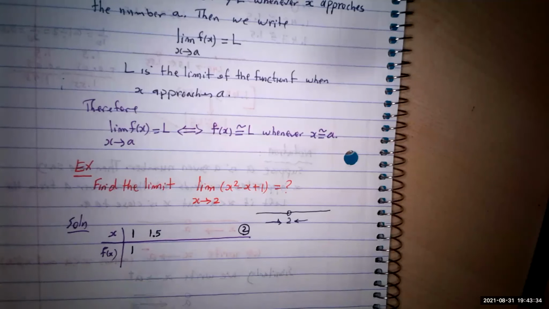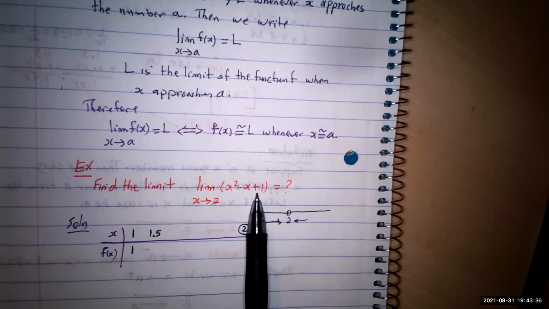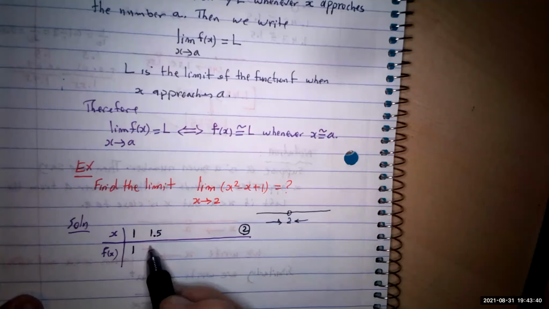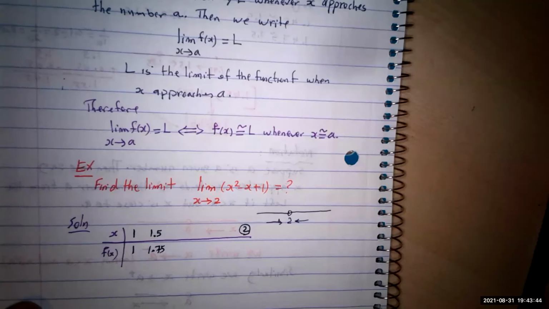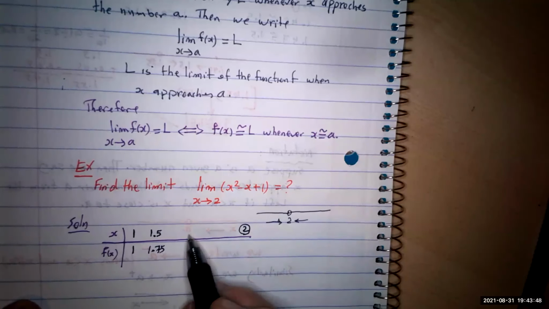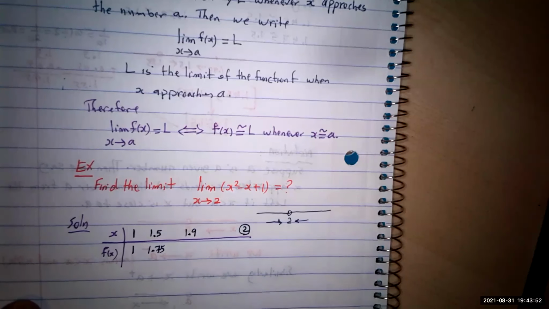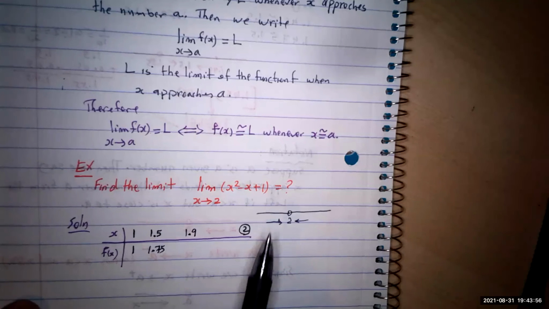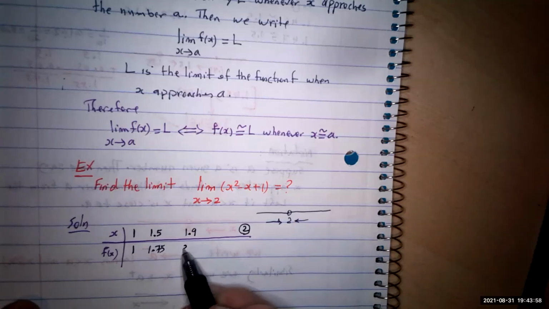If you use your calculator and find this number, I've already checked this one, that gives me 1.75. Pick another number. Remember, you want to get close to 2, so something like 1.9. If you put 1.9 into this equation, the result would be 2.71.